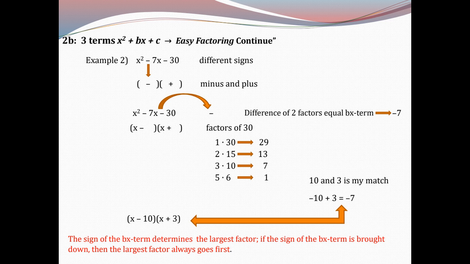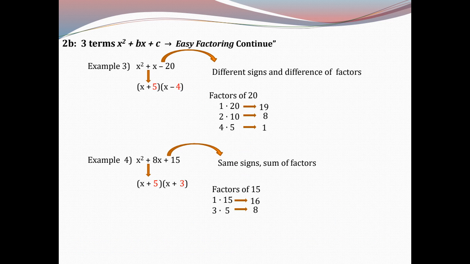Okay? All right, so let's do these two other examples. So we have x squared plus x minus 20. Again, the last sign is a subtraction, so we're going to have different signs. But then again, since on this particular one the first one's a plus, that first one's going to be the plus, the second one's going to be the minus. Again, same process.